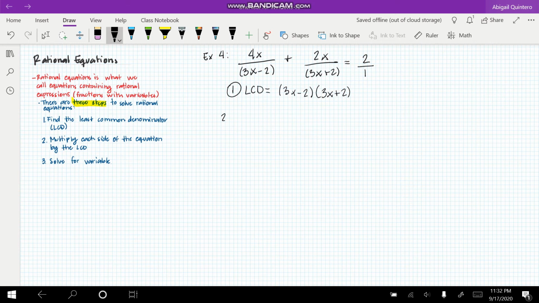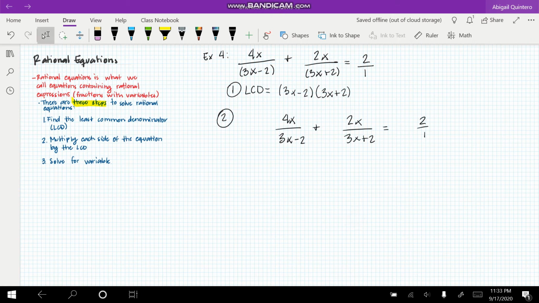So step number 2 is we're going to multiply the entire equation by the LCD. So I'm going to have 4x over 3x minus 2. Let me write it down first. Plus 2x over 3x plus 2 equals 2 over 1.